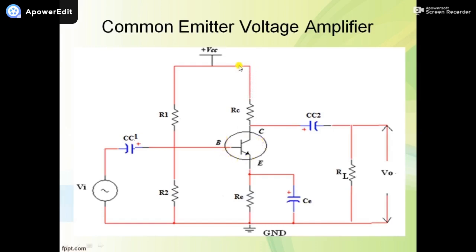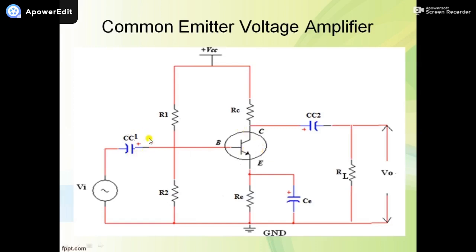For that problem, we are using one circuit, called the voltage divider biasing circuit. With the help of this part of the circuit, we can maintain the constant operating point of the transistor in the active region to use it as an amplifier circuit.